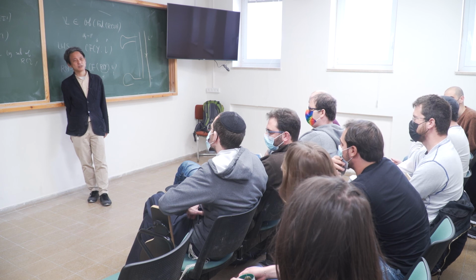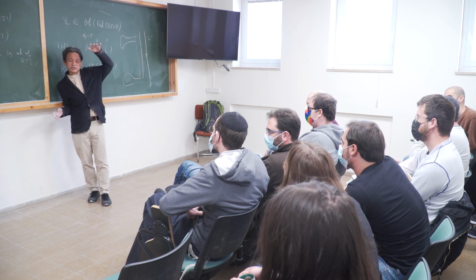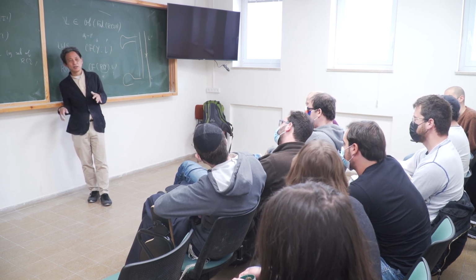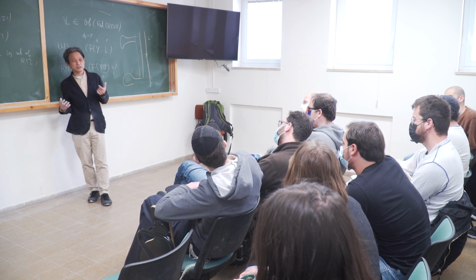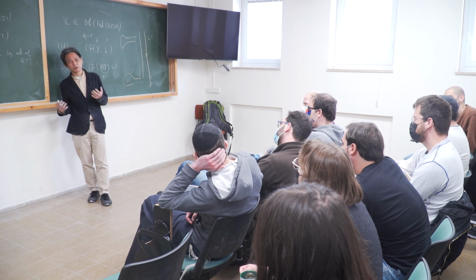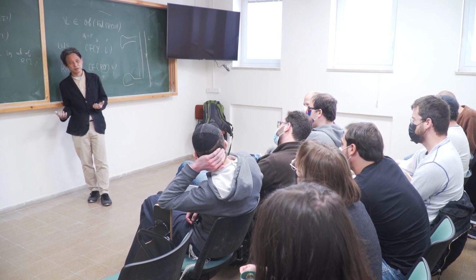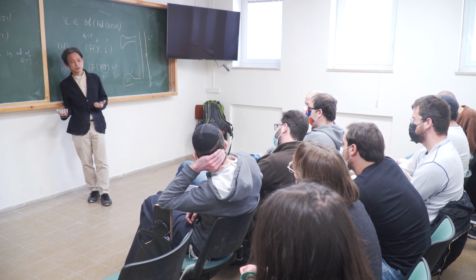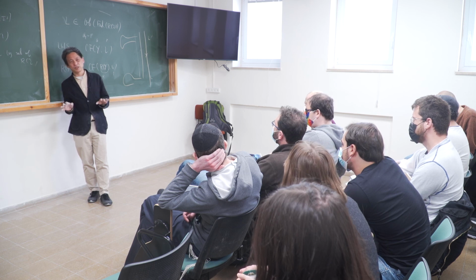Yes, in a sense. If you do this adiabatic argument directly, you find that in some limit the chain complexes become equivalent. But instead of doing that, we have some moduli spaces.